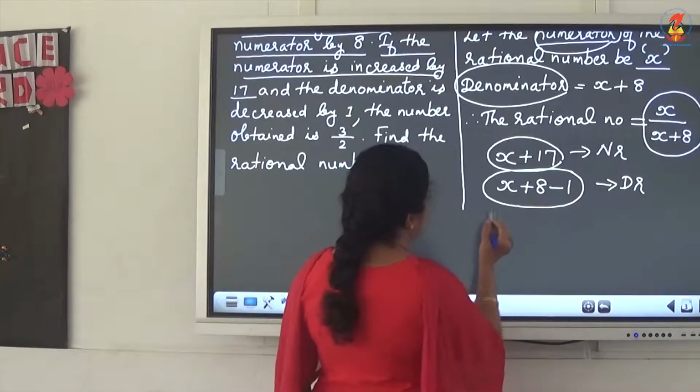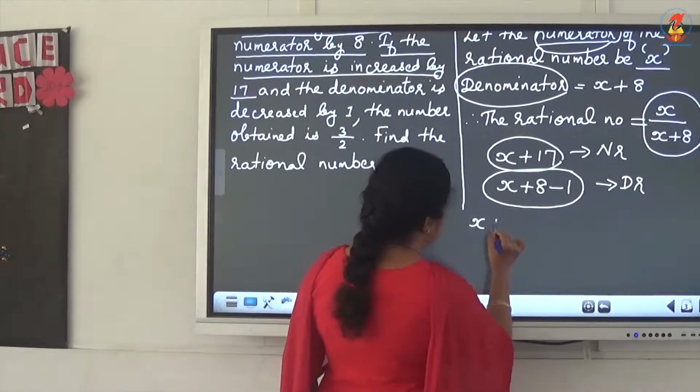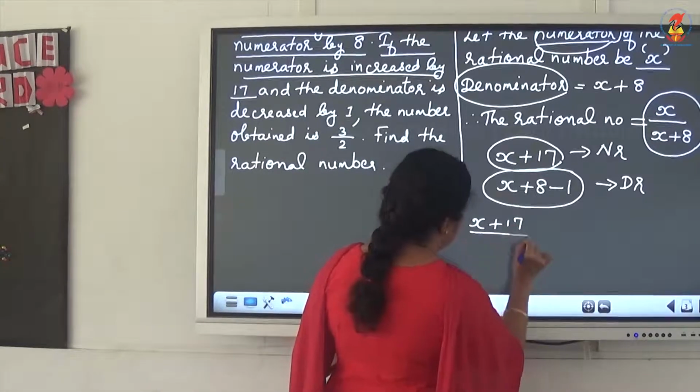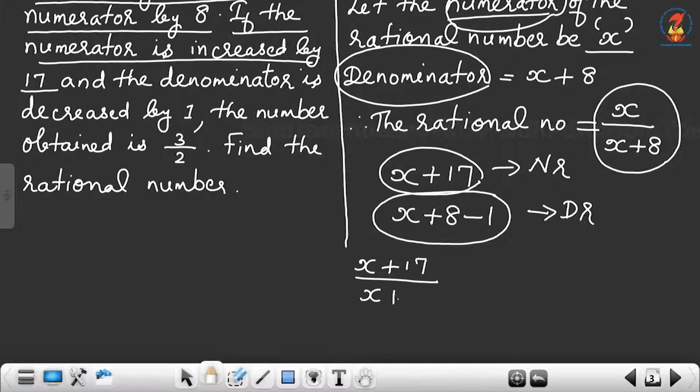We can write it as x plus 17 by x plus 8 minus 1, and the number obtained is 3 by 2. So this is equal to 3 by 2.